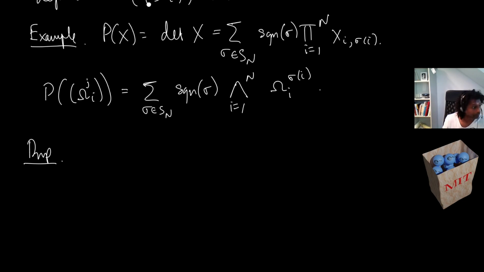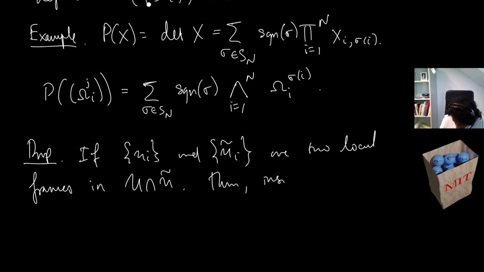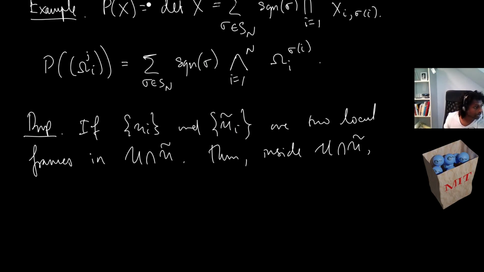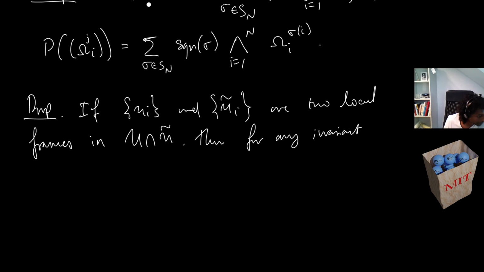So now I just want to say something. So if u_i and ũ_i are two local frames in, say, U intersect Ũ, then inside U intersect Ũ, for any invariant polynomial map P, we have the following.